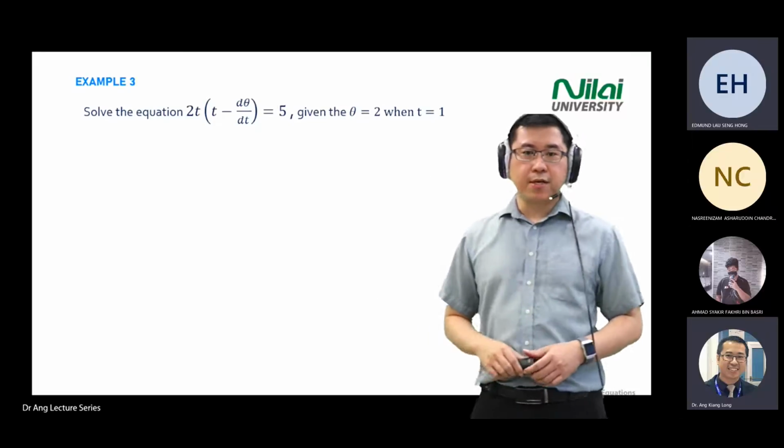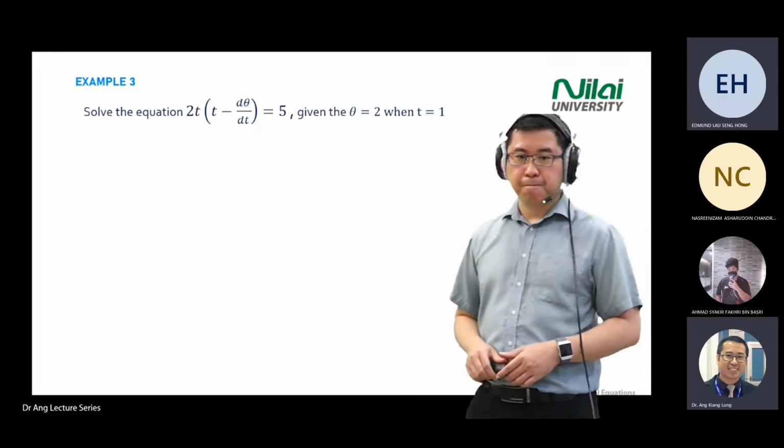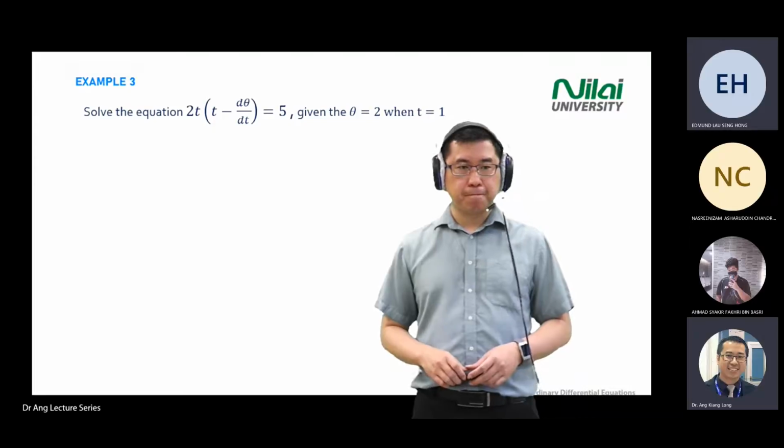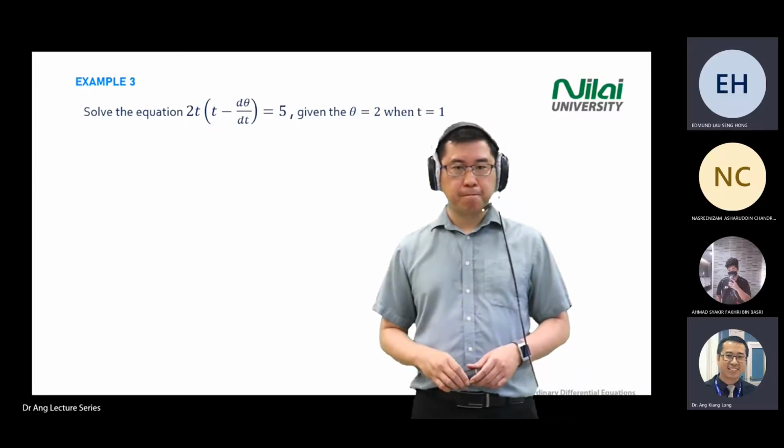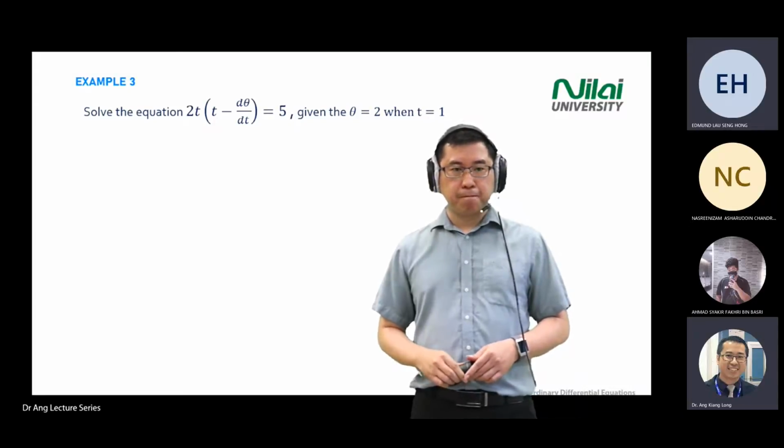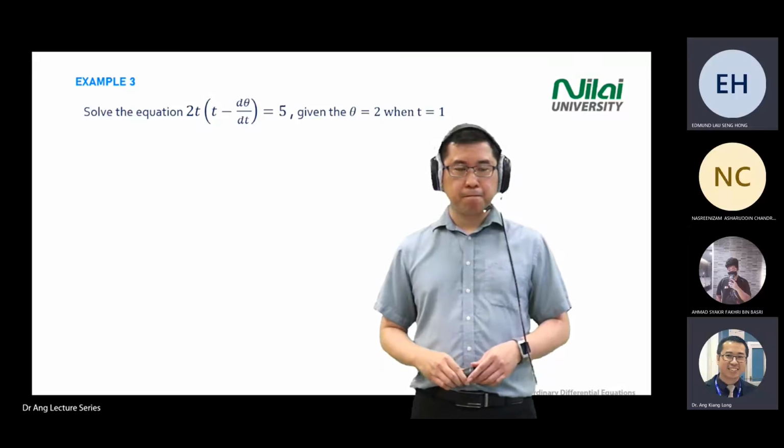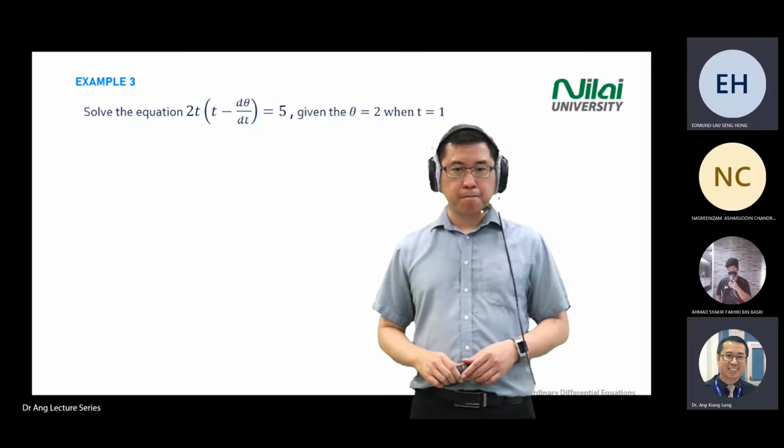Edmund, what is your answer? Minus 2t plus 5. Again, repeat your answer, Edmund. d theta dt equals what?